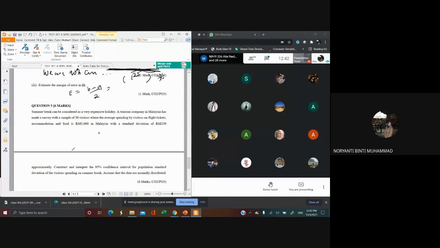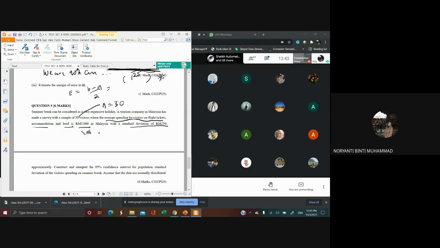Summer break can be considered as a very expensive holiday. Okay, statement je lah tu. A tourism company in Malaysia has made a survey with a sample of 30 visitors. So you know sample, so this is N 30, okay. Where the average spending by visitor on flight ticket, accommodation and food is 5,000 and standard deviation this one.